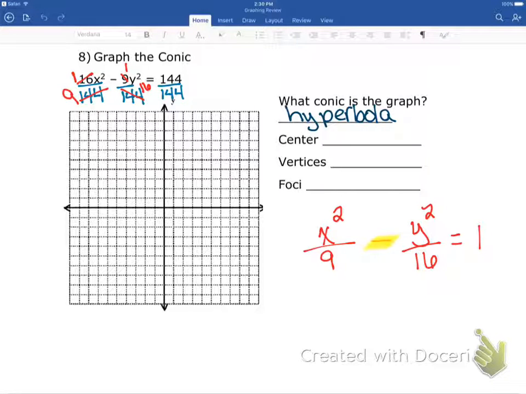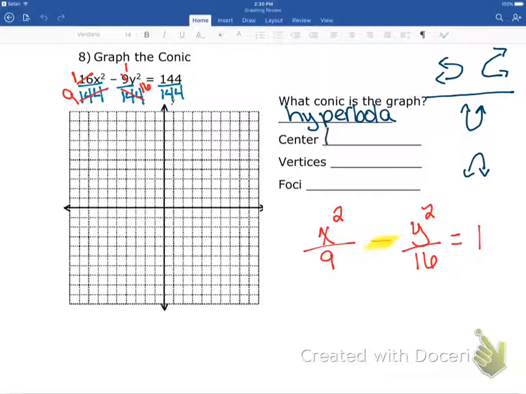And for the end behavior of the hyperbola, we're either looking for the hyperbola with the transverse axis horizontal, which would be like this. And if our end behavior is supposed to look like this, our transverse axis would be vertical.